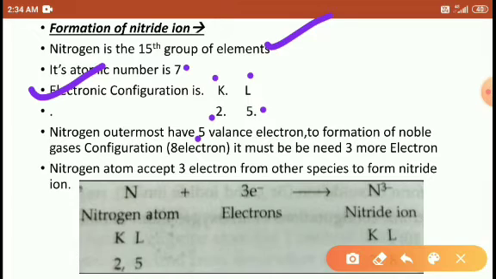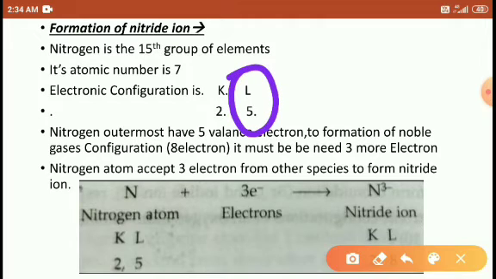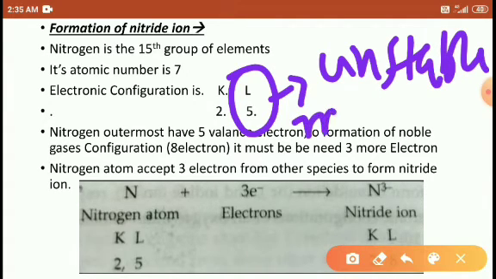For noble gas configuration, meaning 8 electrons, it needs 3 more electrons. Look here, students. Nitrogen has 5 outermost electrons. 5 means it is unstable, or you may say it is more reactive.